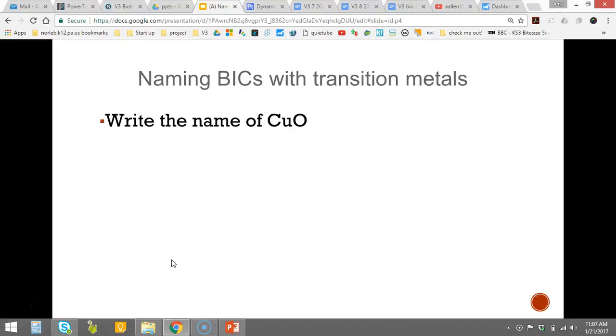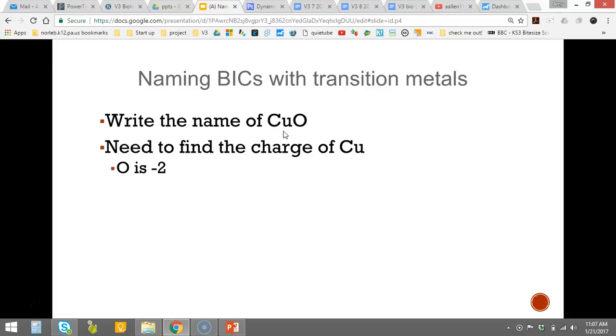So our first example is CuO. What we have here is a compound made of copper and oxygen, copper being a transition metal that can have more than one charge. Oxygen, the nonmetal, only has one possible charge. So in order to find the charge of copper, we're going to use the charge of oxygen. Oxygen is a -2.